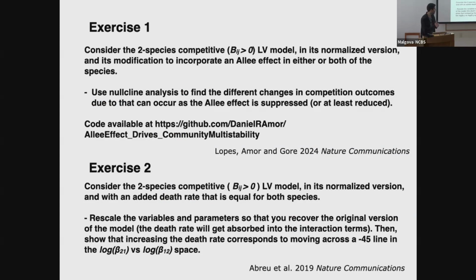If somebody wants to work on exercise 1, but instead of pen and paper, you want to use your computer and draw these diagrams on the computer, the code that I used in the paper is here in the GitHub of Daniel R. Amor. You will find it in the folder for the Allee effect, and then from there you can just click run the code, and you will recover all the figures of the paper, so all of these null lines in different cases, and you can also change the parameters and see how different scenarios could unfold.